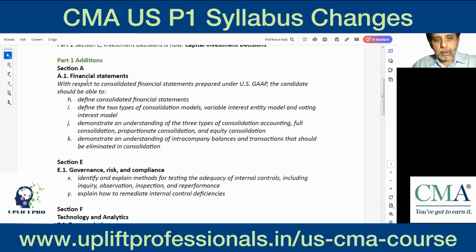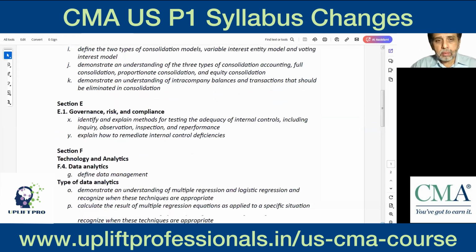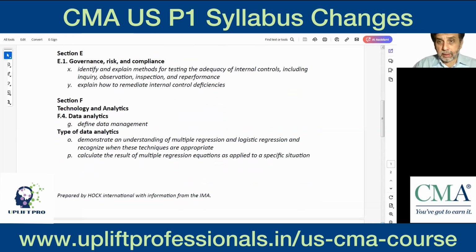Under internal control, now we are coming to Section E. Everything else is going to be the same, but this addition is there: methods of testing the adequacy of internal controls, including inquiry, observation, inspection, and reperformance, and how to correct the internal control deficiencies.